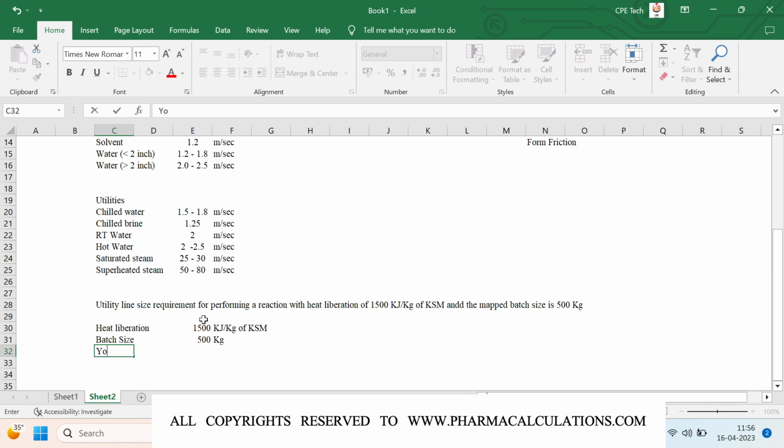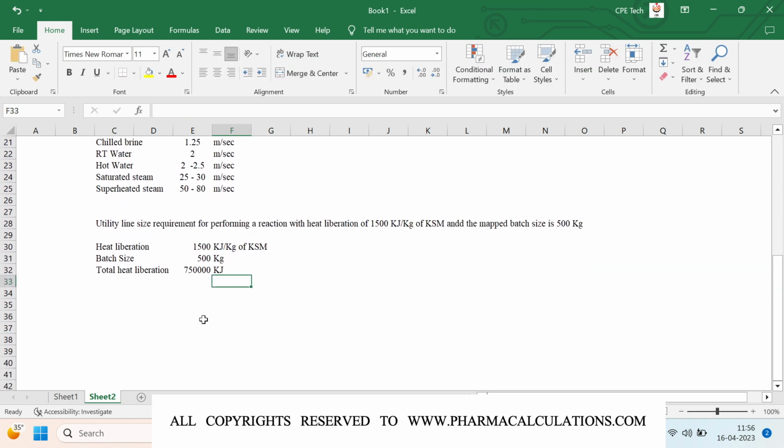So total heat liberation is going to be the product of the batch size and the heat of reaction. This is going to be in kilojoules. And now let's convert this into kilocalories by dividing with 4.184.